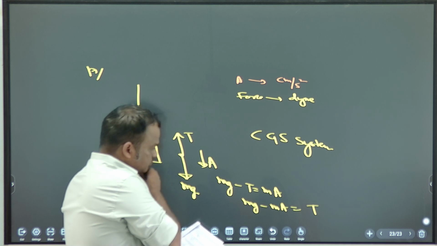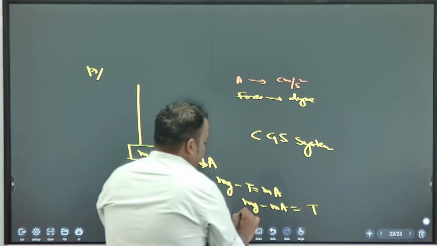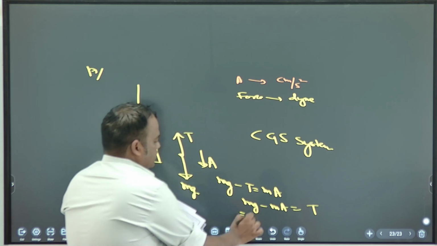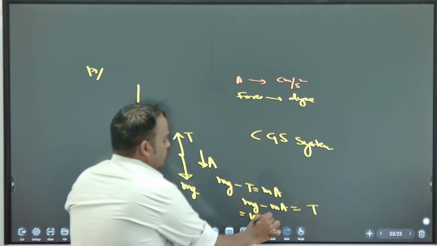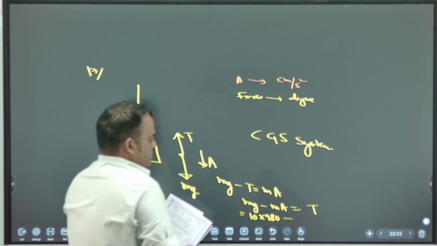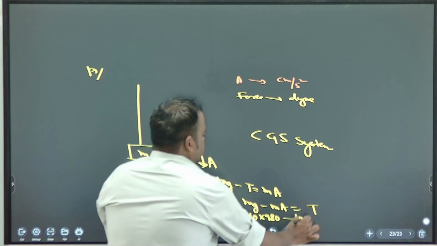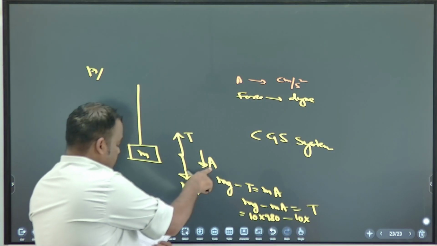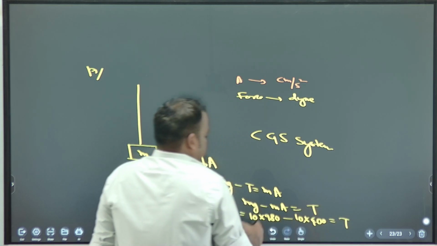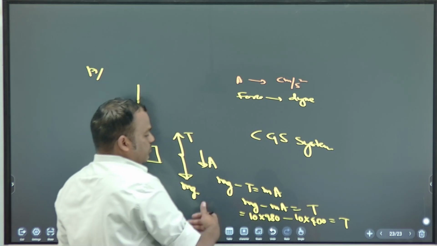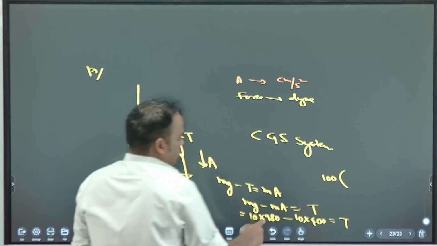So mg will be mass 10 gram into 980 minus m, again 10, into acceleration. Acceleration is given 400. Solve this. Take 100 common.